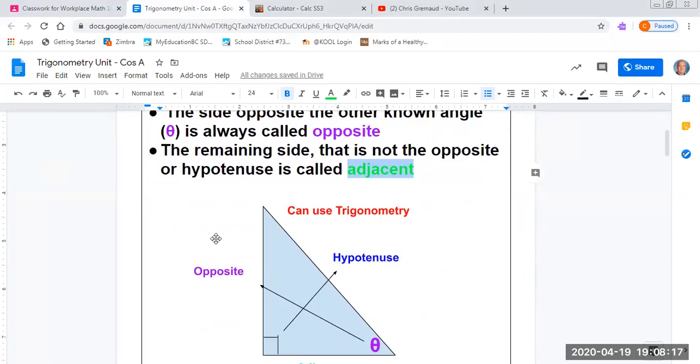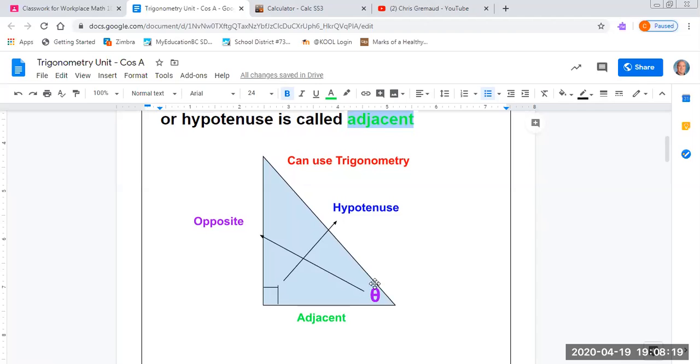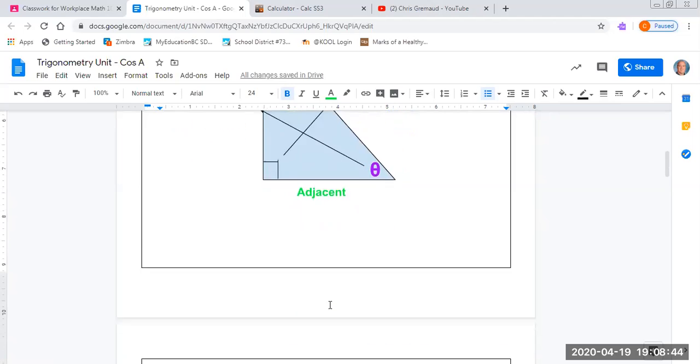When we're looking at a particular angle that we know, directly opposite of that is going to be the opposite side. Likewise, opposite of the 90-degree angle is going to be the hypotenuse side. The side that is not opposite one of these two angles that we know is what we call the adjacent side. And so this is the cosine that we're looking at.